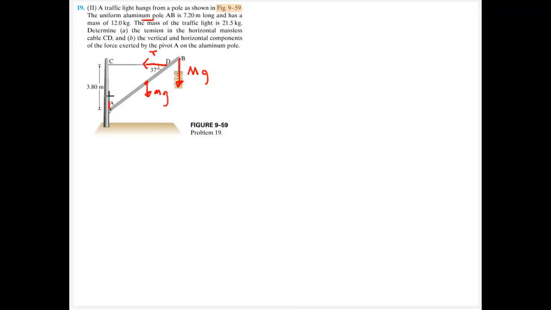And lastly, I know at point A this hinge is going to be giving some forces as well. Force A in the Y and force A in the X. And if I had to solve for these and I chose the directions wrong, the math would bear me out.